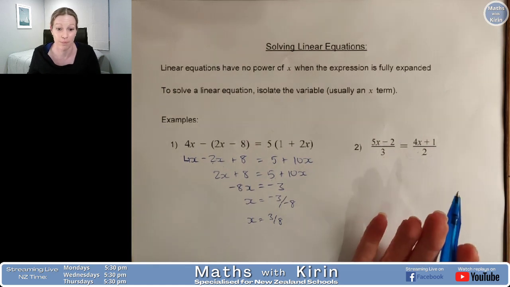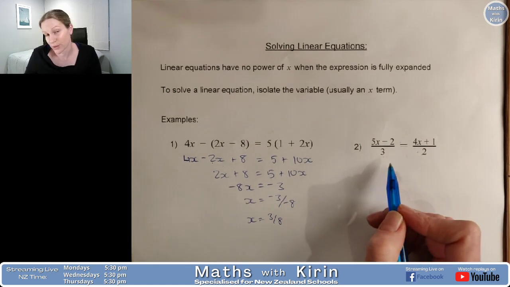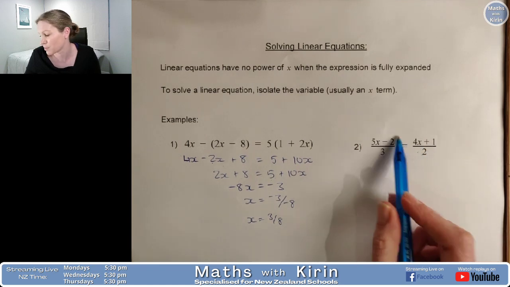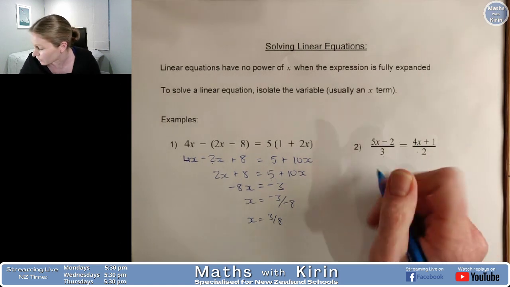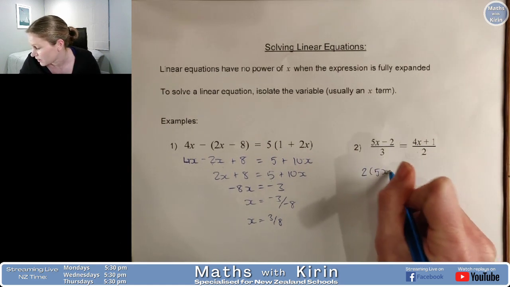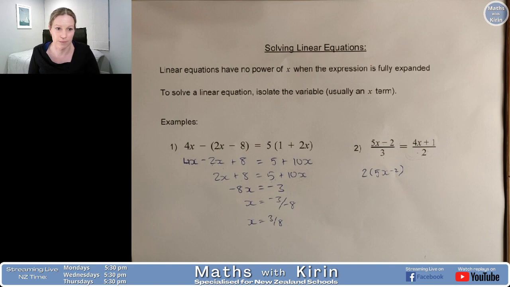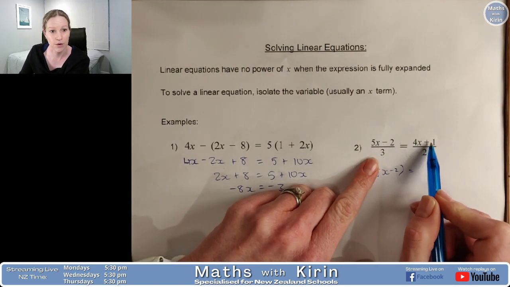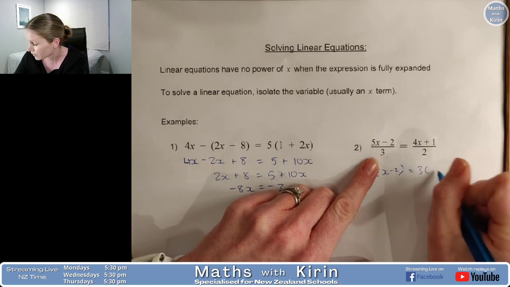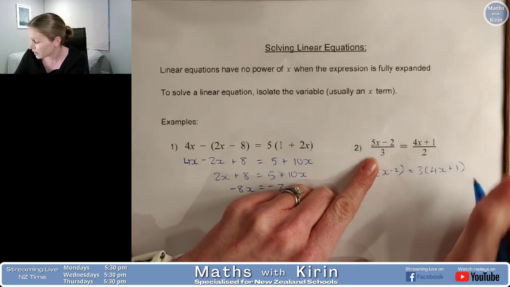We're going to do that at the same time, because we're clever. If we're multiplying this whole fraction by 2, it really just means we're multiplying the numerator by 2. So we bring our 2 out in front and multiply it by 5x minus 2. That's going to be equal to bringing our 3 across and multiplying by the numerator on our right-hand side.